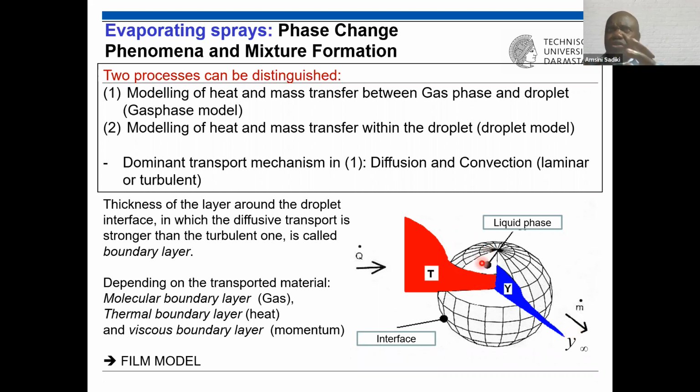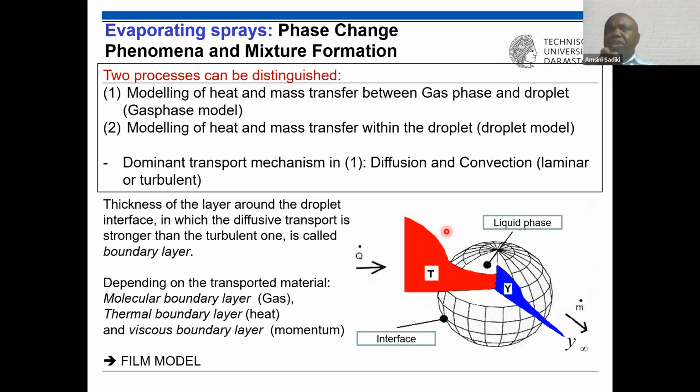Then we have two regions to be considered. The first region is the internal part of the droplets. We have to model the heat and mass transfer within the droplets. And we have also to account for the process here, because this amount should come out, and then we will have a gas model which accounts for the heat and mass transfer between the gas phase and the droplet phase.